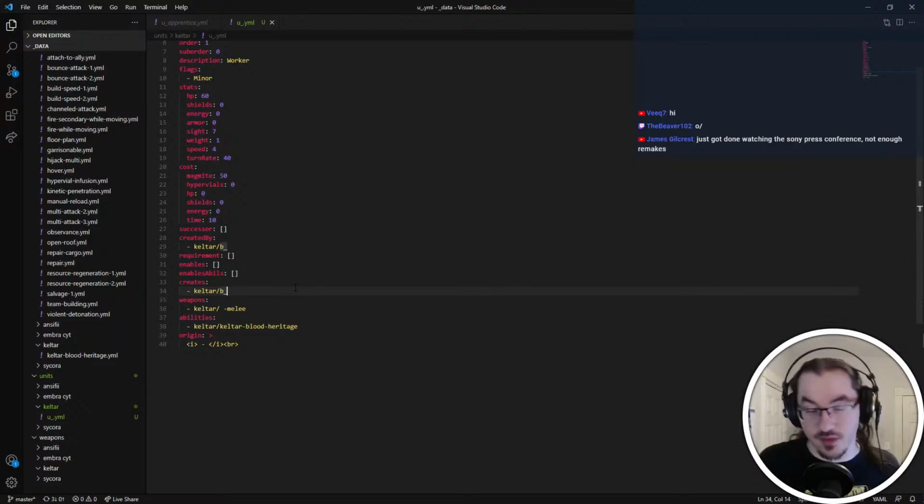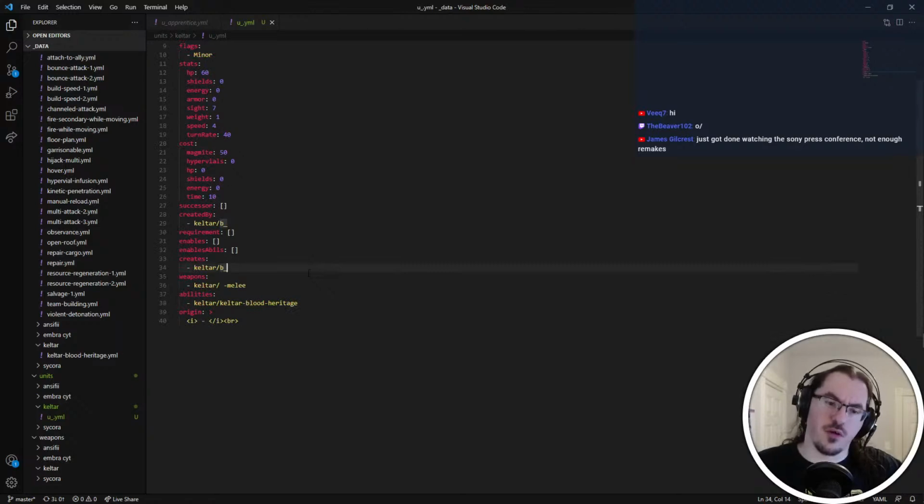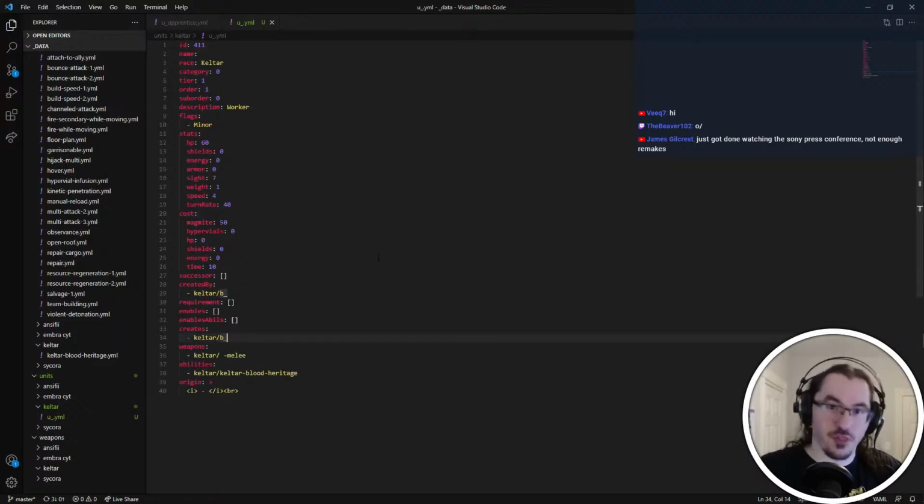I get the idea that some of them will obviously have ranged attacks, which will then translate to ranged mining, while most of them will probably be melee. That'll be the de facto standard, where maybe we could say more than 10 have that, so it'd be like 12 or 13 minimum. So the overwhelming majority of regencies will have starting workers that are melee, which means the Keltar probably should be in with that. Their whole thing is melee, so it makes sense that their worker would be melee.